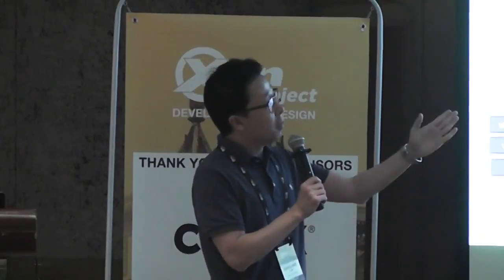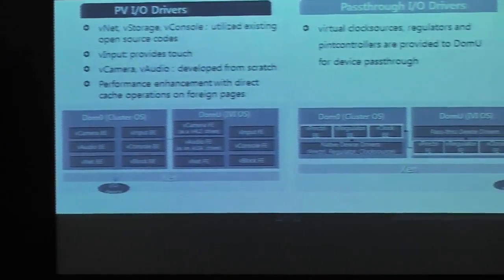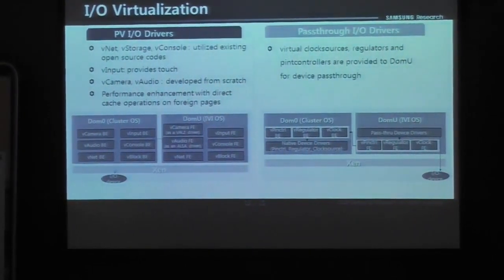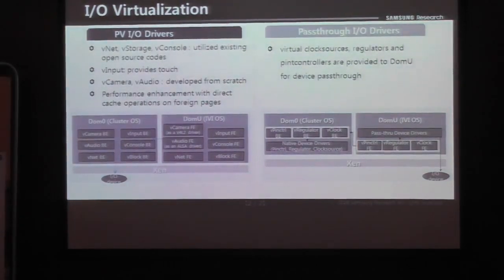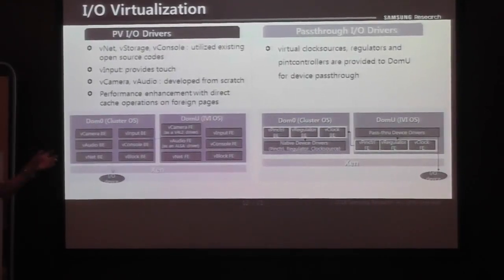And for the pass-through, in certain cases, some devices are accessed exclusively from the new for performance reasons or something. So to support this kind of use case, we provide a pass-through mechanism for the new.